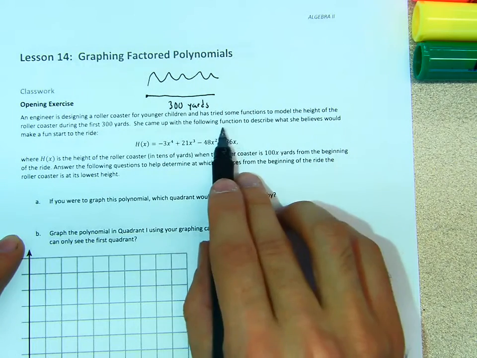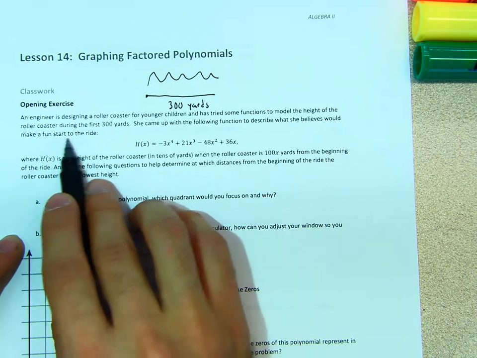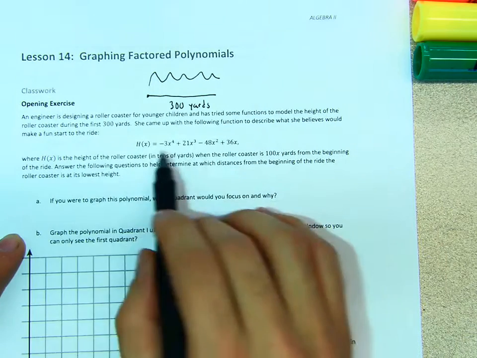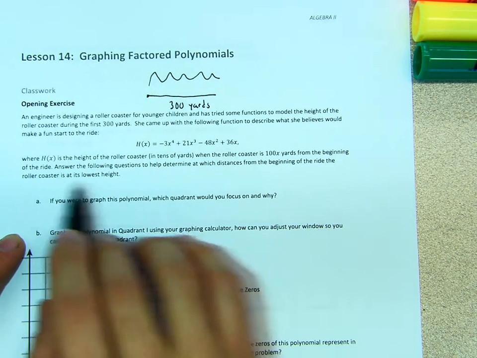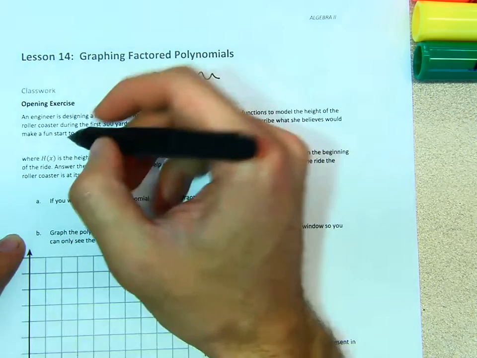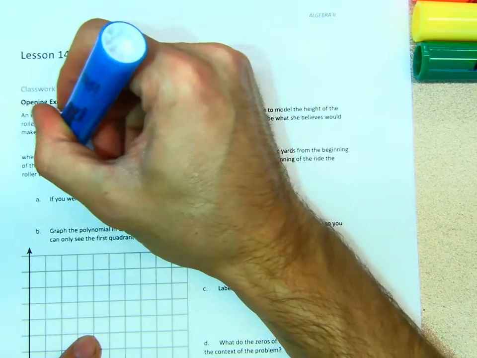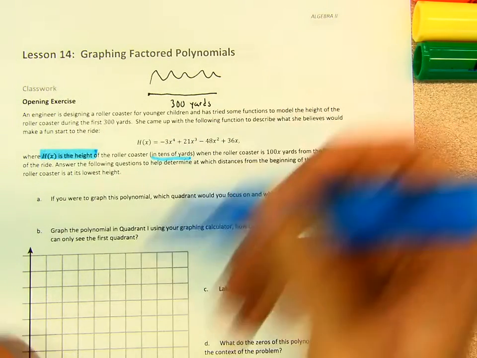So she came up with the following function to describe what she believes would make a fun start to the ride. And she's saying that the model for this roller coaster is going to be this polynomial, okay? Here h of x is the height of the roller coaster, and this is in tens of yards, right?